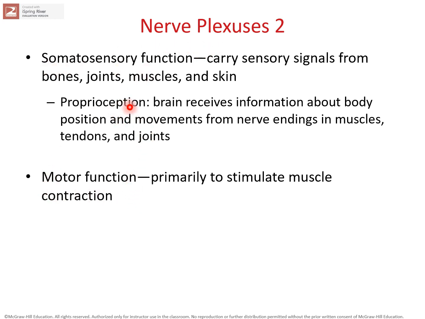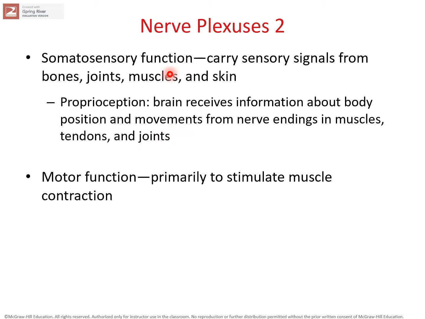For example, proprioception. When you wiggle your toes, you can feel yourself wiggling your toes, right? That is called proprioception. The brain receives information about the body position and movements from nerve endings in the muscles and tendons.